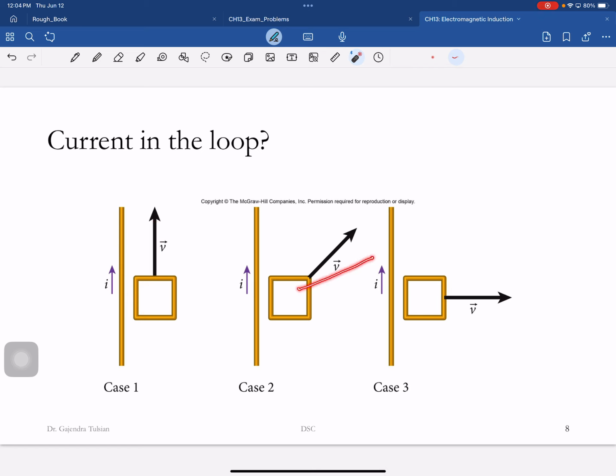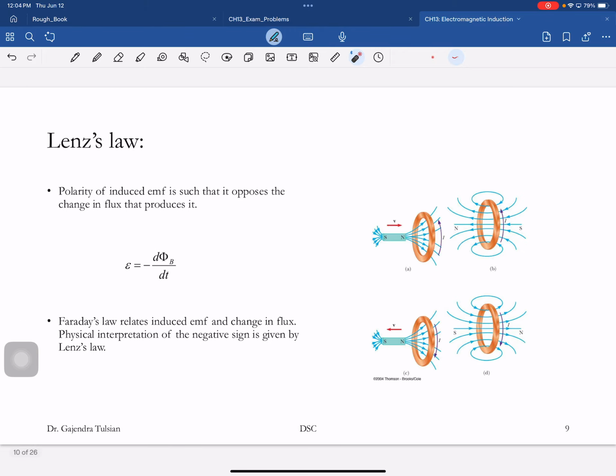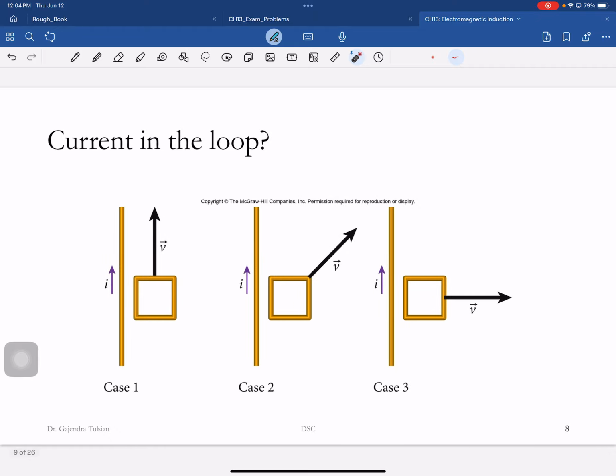When this guy moves away in this direction or that direction, the flux through this thing is decreasing, and it's decreasing the fastest here, and the induced current will be the largest here. The field is stronger here, and as you go there, the field is getting weaker, so the flux is decreasing.